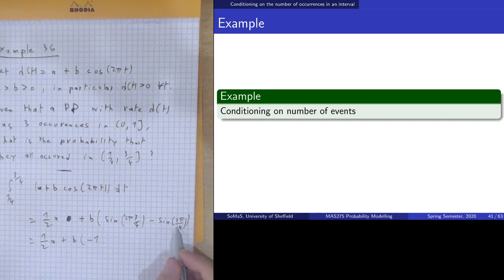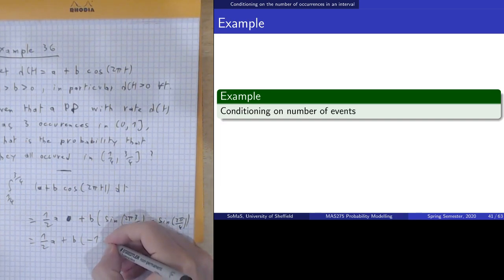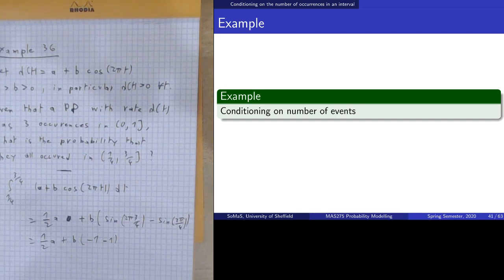And then sine of pi over 2, that's 1, so minus that is -1 again. So we get half of a minus 2b, and obviously I did something wrong.